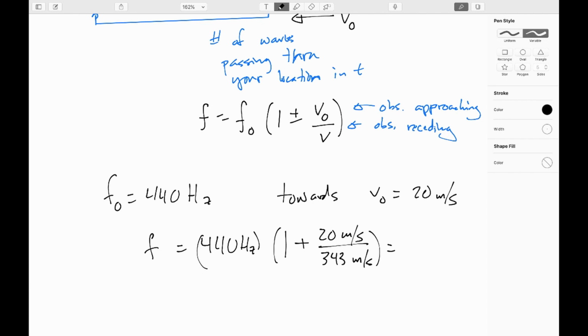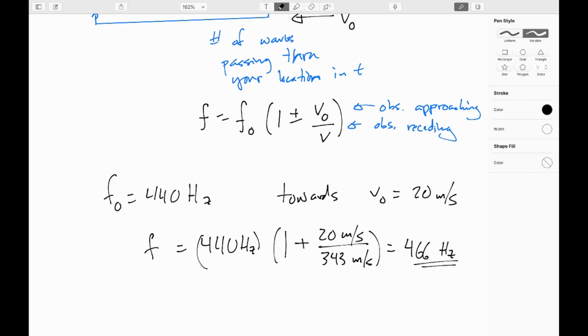This yields 466 hertz. So noticeably higher, a good couple of notes higher than if you were just standing still. You're not walking at 20 meters per second, but that's a reasonable speed to be in a car.